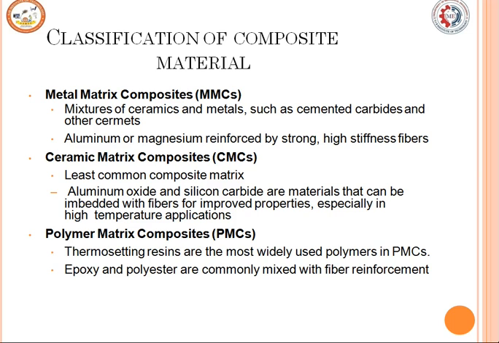Aluminum oxide and silicon carbide are materials that can be embedded with fibers for improved properties, especially in high temperature applications. Thermosetting resins are the most widely used polymer in PMC. Epoxy and polyester are commonly mixed with fiber reinforcement.